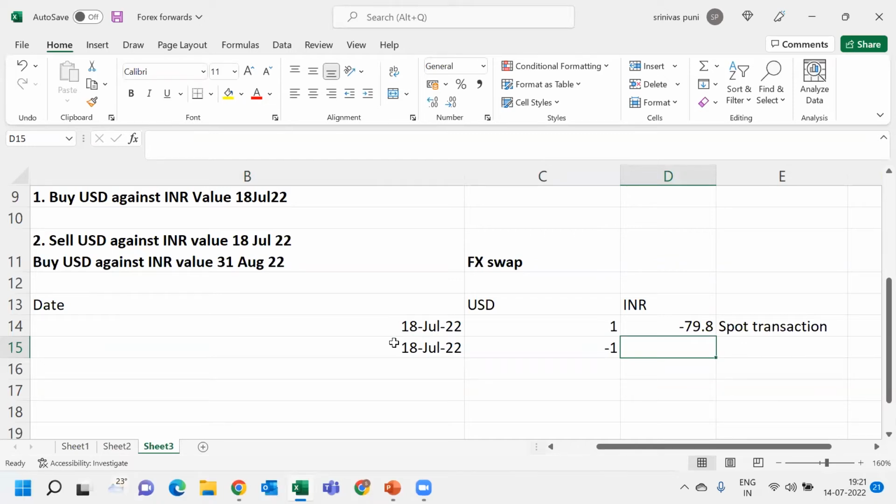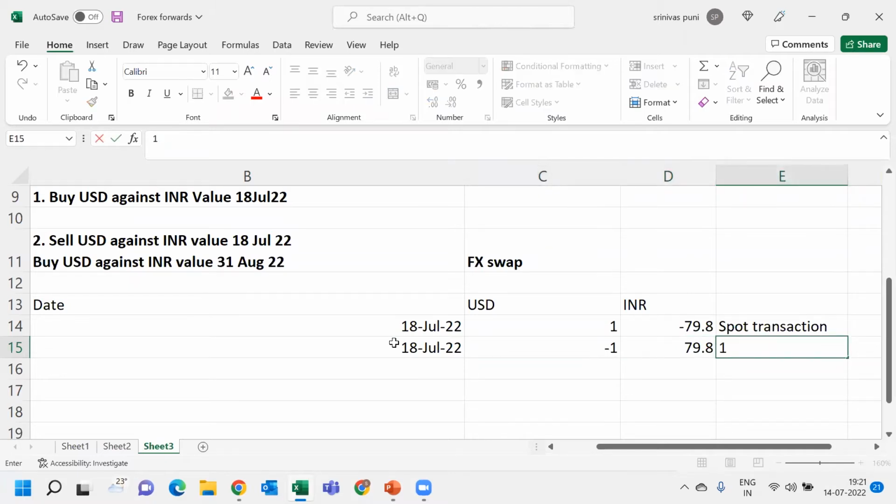Why is it spot date? Because the first leg of the FX swap happens on the spot date, right? As per the transaction, you're selling for value 18 July and the rate is 79.8 rupees. You will basically get that when you sell $1. This is the first leg of the FX swap.